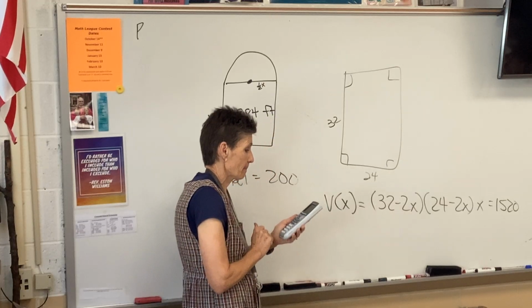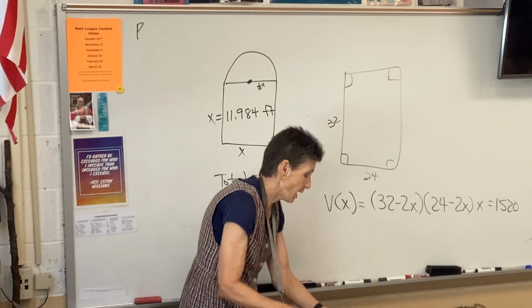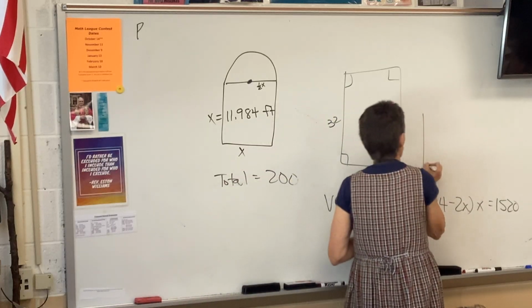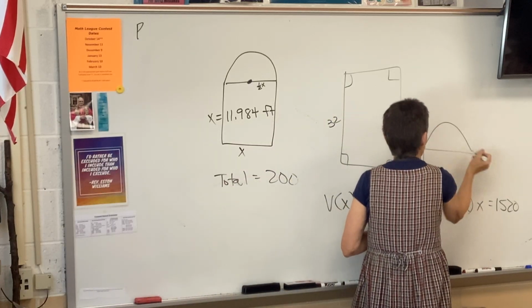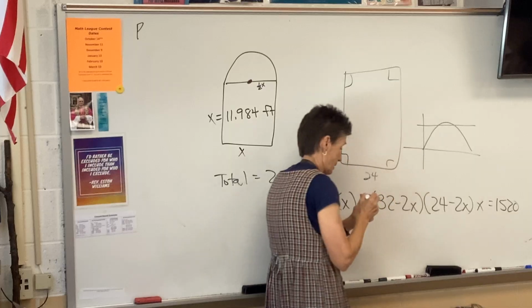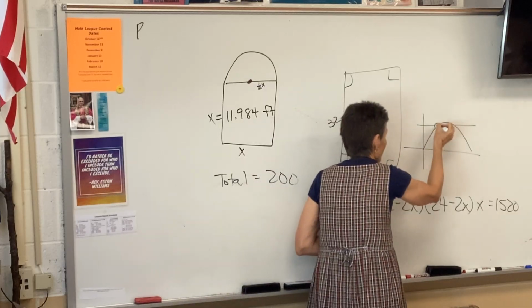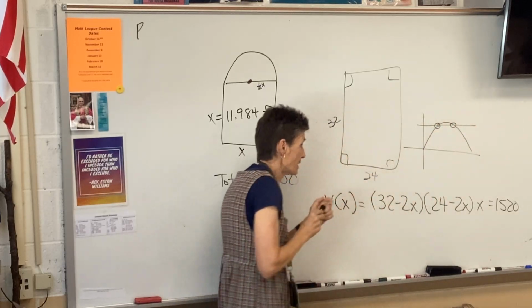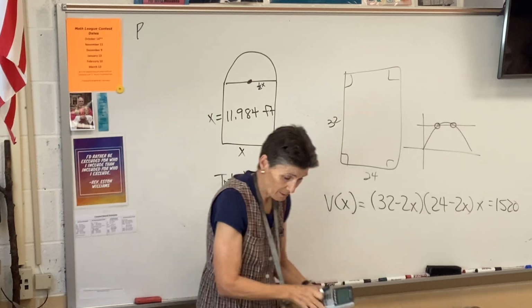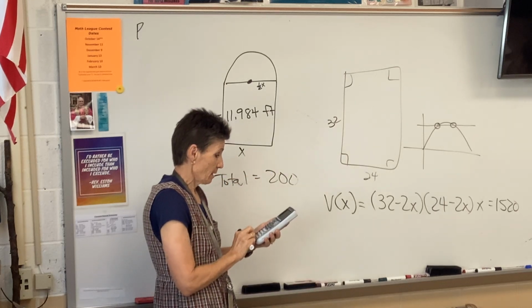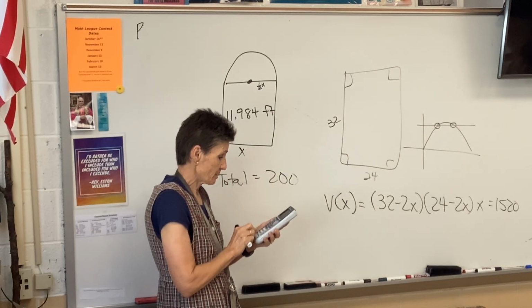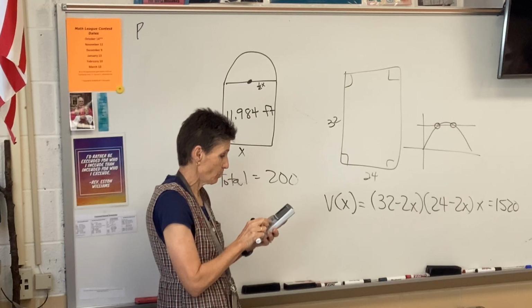So I got these 2 points, my volume will be 1520. All right, you with me, Parker? Mhm. All right, so I'm going to go ahead and find those 2 points.